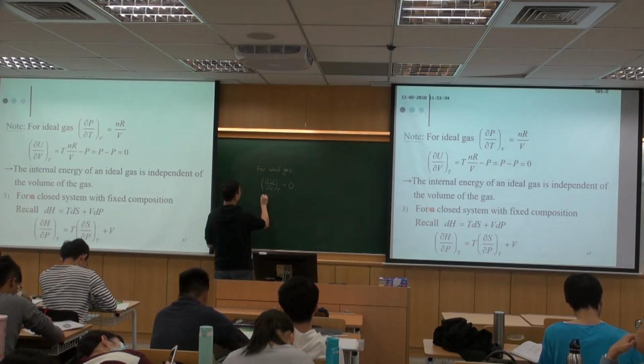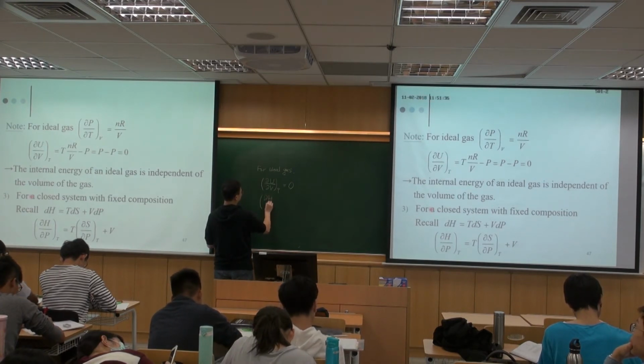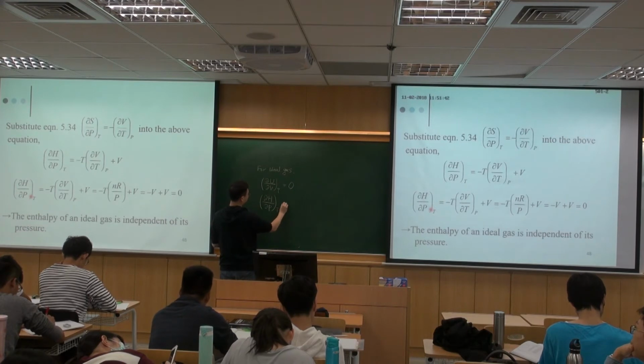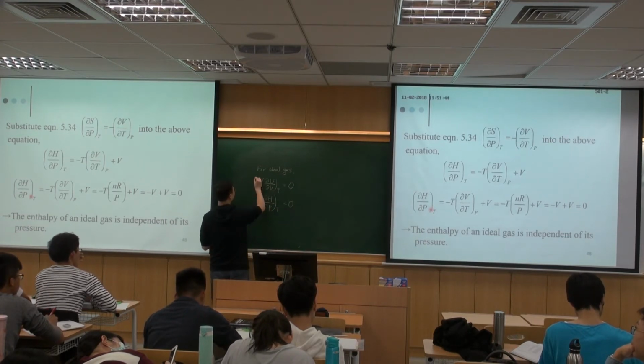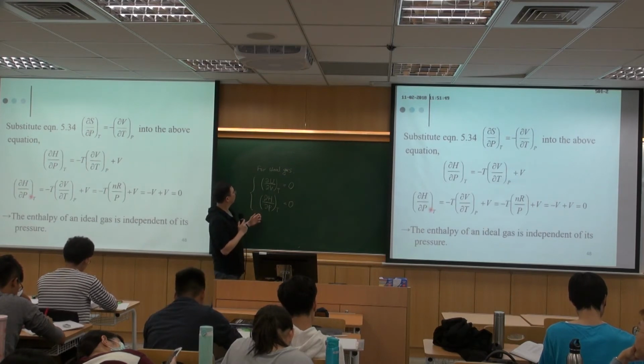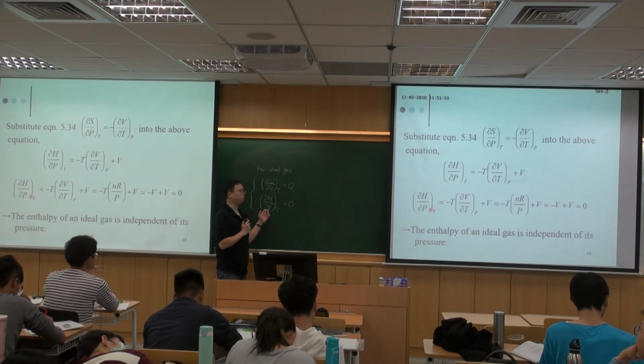And now we also know that partial H, partial P at a constant temperature is also 0. So these are two important features for ideal gas.